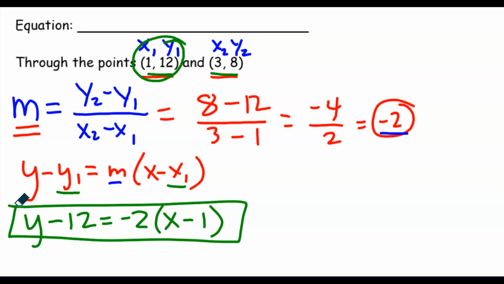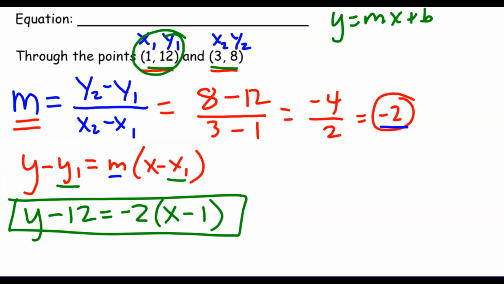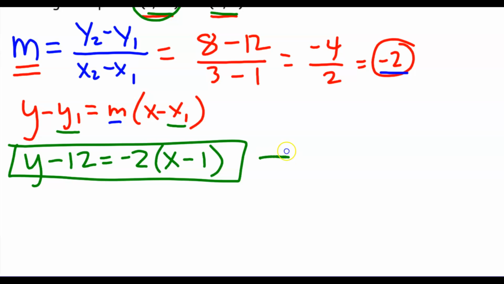Now if this problem had said write it in slope-intercept form, then I could do the same thing and I could write it the way I have written it here, but now I can just take it a step further and make this look like y equals mx plus b. And you do that by distributing and solving the equation for y.